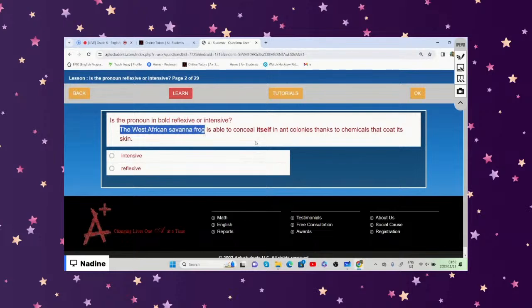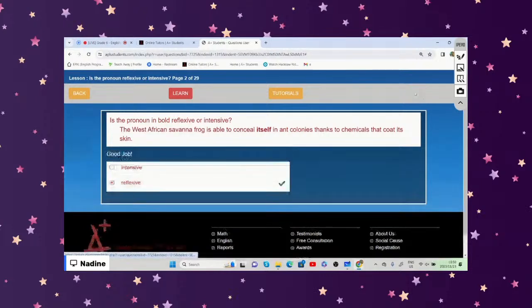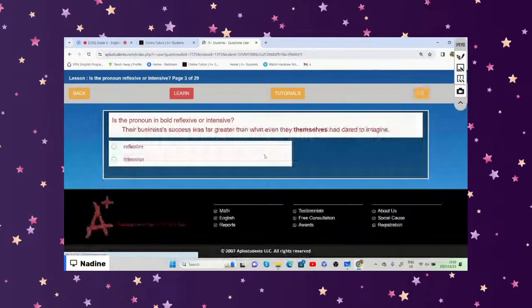So this now refers back to the subject, which is the West African savanna frog. So I think it's a reflexive. Yes, because it refers back to the subject, which is the African frog.